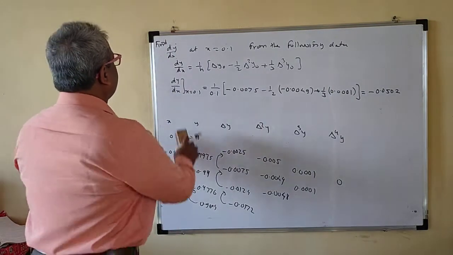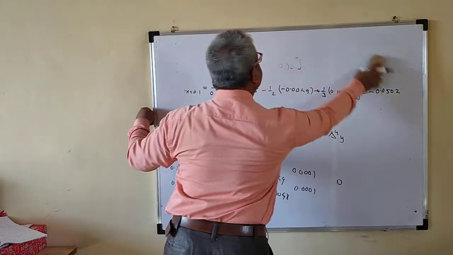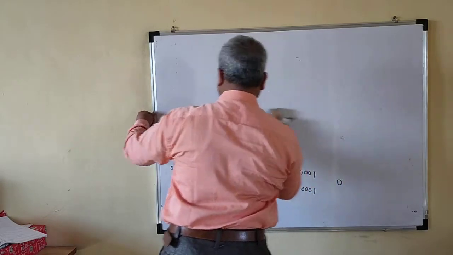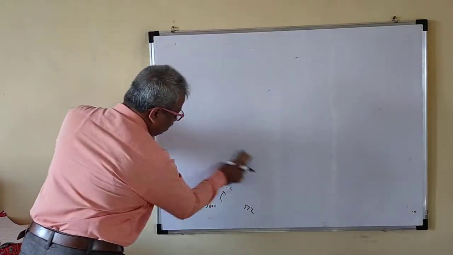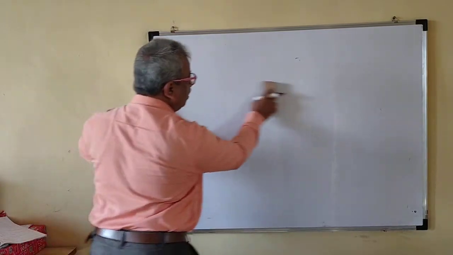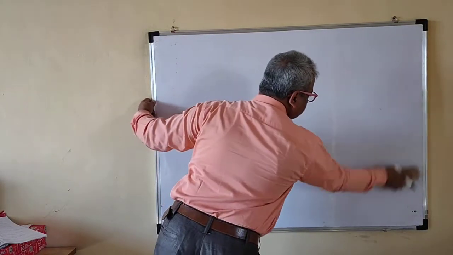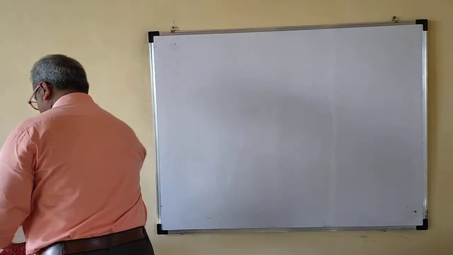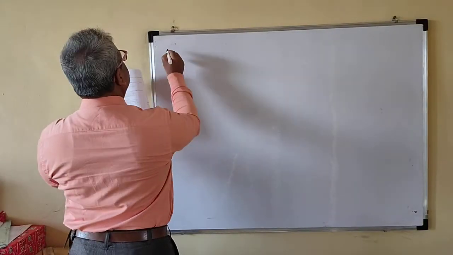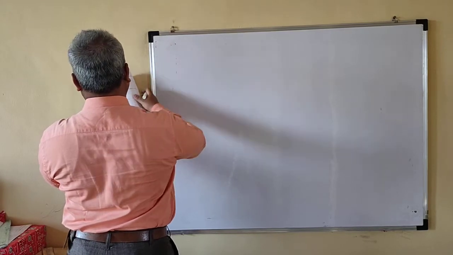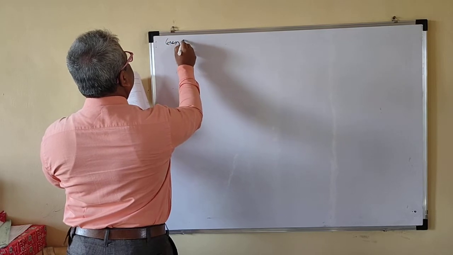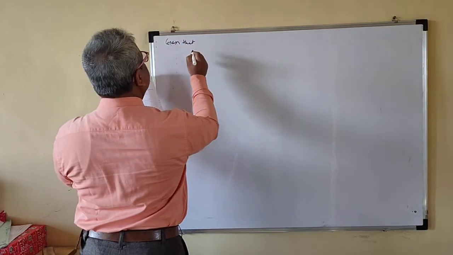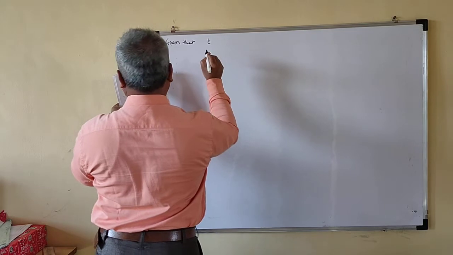Okay, now we'll solve one more problem. Here the difference table is very important, and you have to do these calculations very carefully. So we write one more thing. We have given the next example, t and theta in terms of radian.